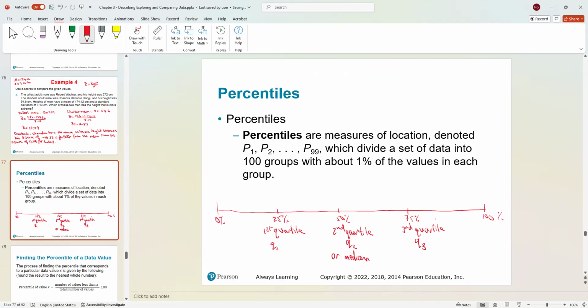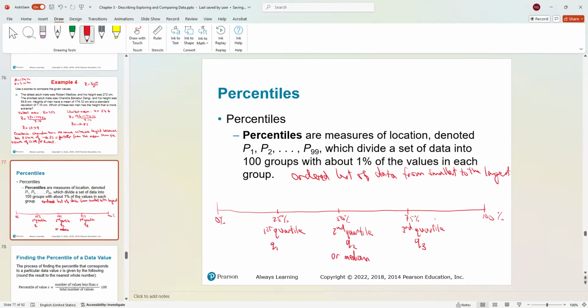Usually you need to order your data, an ordered list of data from the smallest to the largest. So this is how we're going to do it.